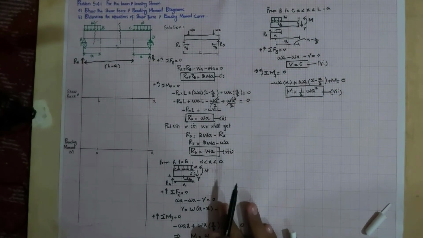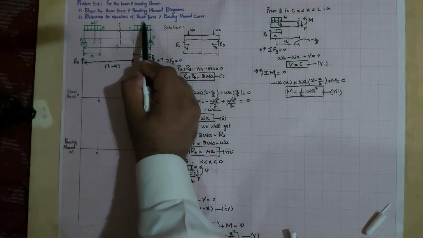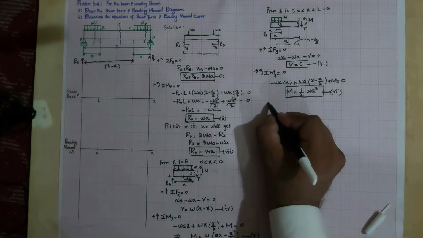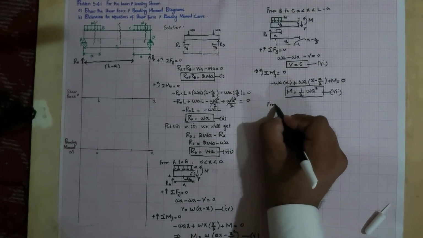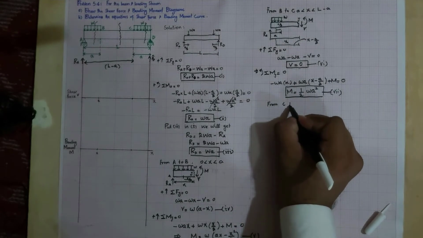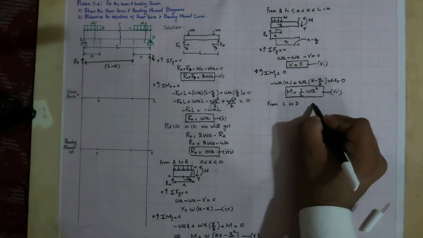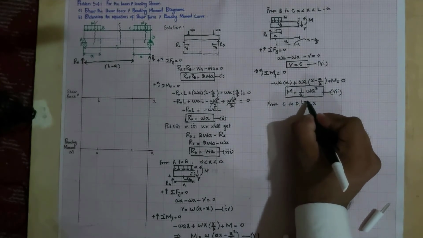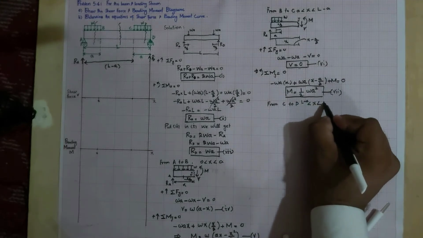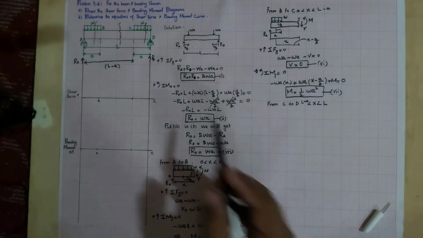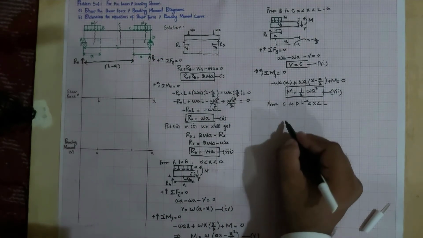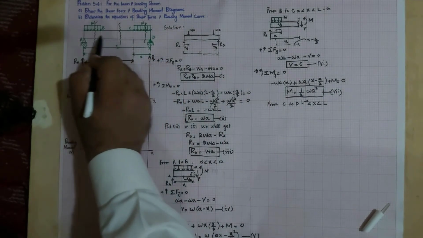Now we will move toward the third section, between C and D. So from C to D, it means X is greater than L minus A and less than L. So we will take this section at this point. We will not take this portion.